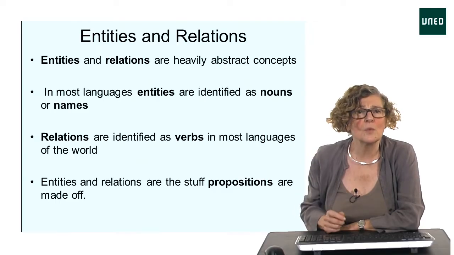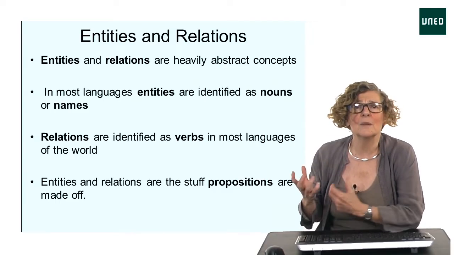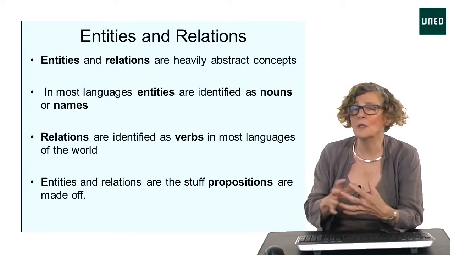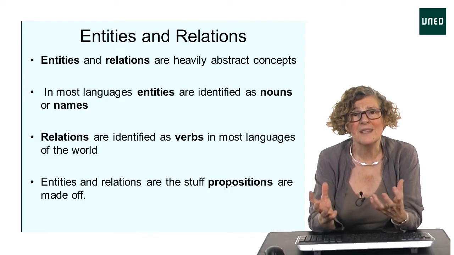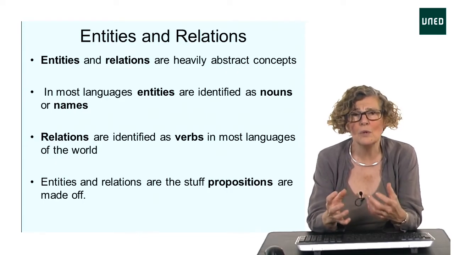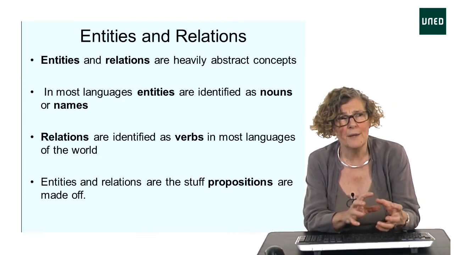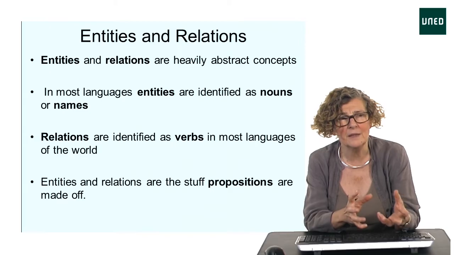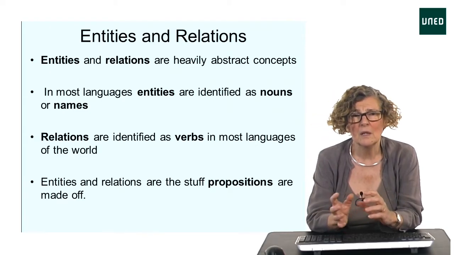Let's revise what we think of entities and relations. Everything we can talk about in the world can be ultimately conceived as an entity or as a relation. And sometimes when you talk about something, you can put it into words in a way that it looks like an entity or it looks like a relation.